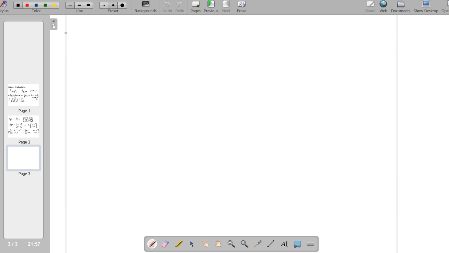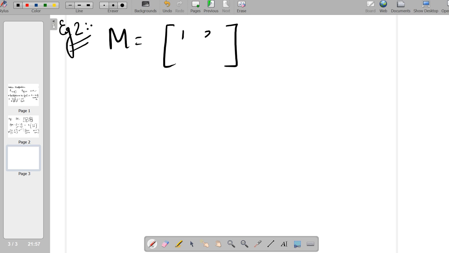Now second example. Now I have a matrix M, and I'm taking a square matrix so that you can easily understand. 1, 2, 3, 4. And I have a matrix N which has components 5, 6, 0 and 7.